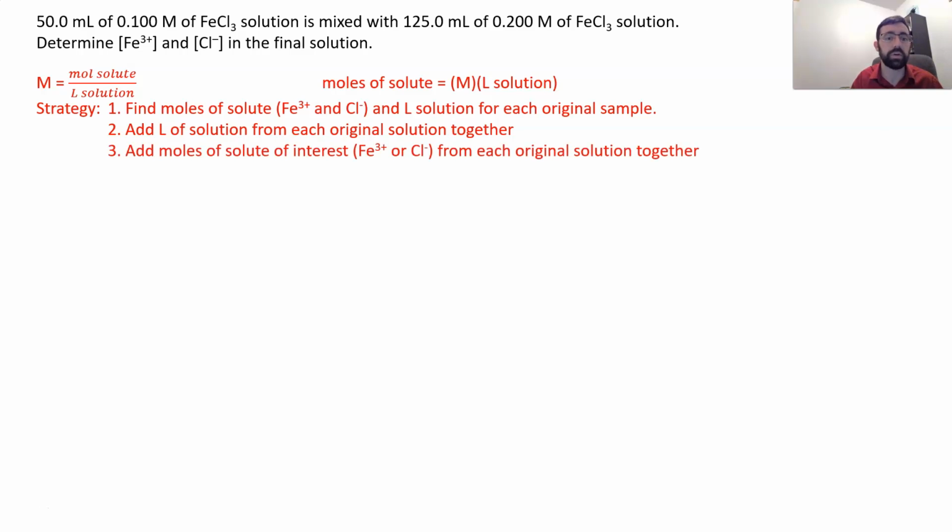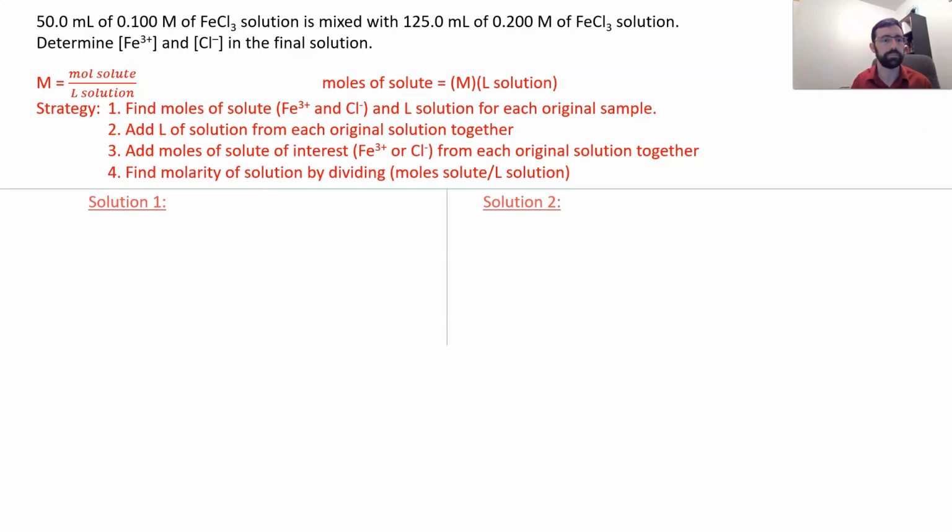We want to add the moles of the solute of interest, whether that's iron 3 plus or chloride ions, from each original solution. And then we'll find the molarity of each by dividing moles of the solute of interest by liters of solution. Now let's work through it.